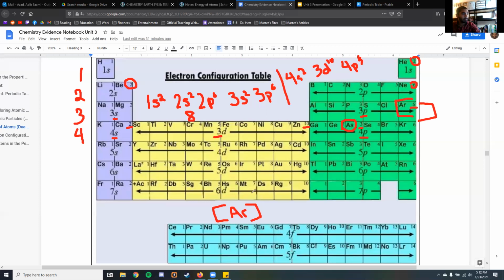So it's 4s2, 3d10, hopefully that looks like a 10, and then 4p3.